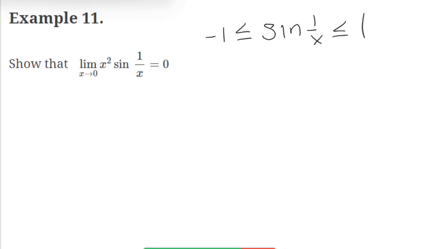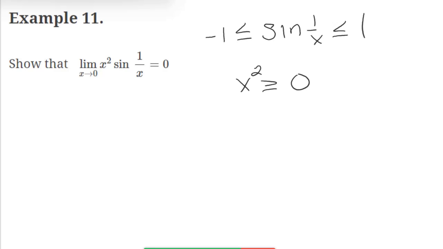True? Okay. Now, I also know that x squared is always greater than or equal to 0. True?